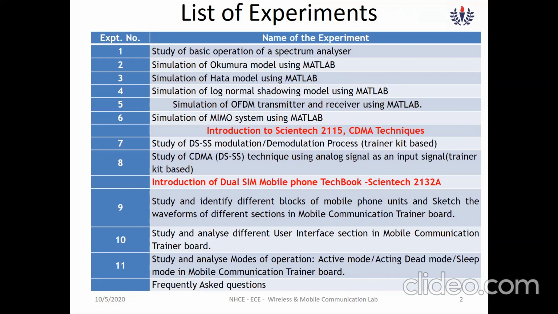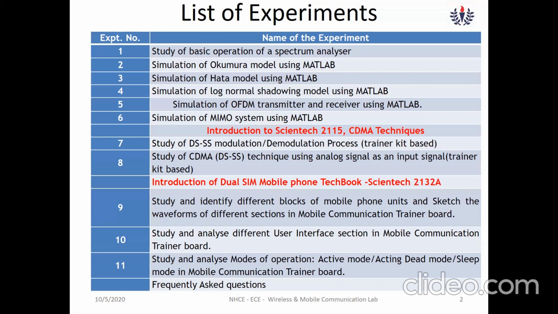We can understand the power estimation, and how my signals are displayed in the frequency domain with the help of the spectrum analyzer. Basically, the spectrum analyzer is an RF measuring instrument which is used widely for testing different RF units.